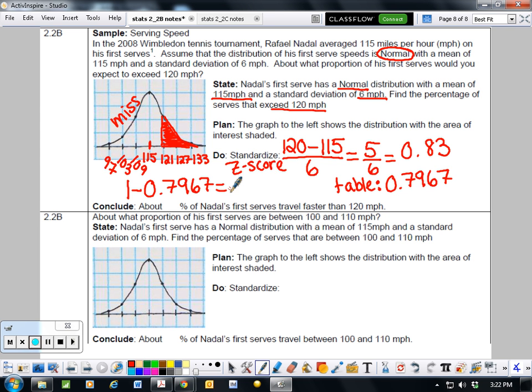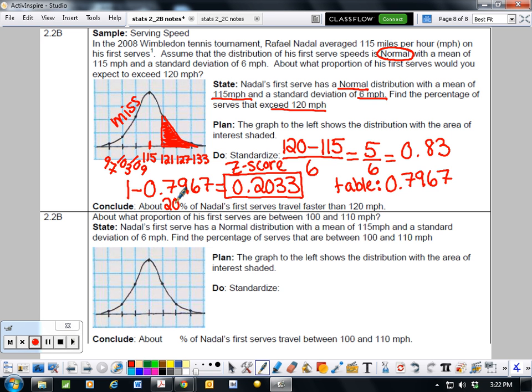So I subtract and I get 0.2033. What made me notice I did something wrong? I looked back at that graph and I was like, whoa, 80% of my graph is not shaded. I know I did something wrong there. Then I looked back and I was like, oh, shaded above. So now we can say about 20% of Nadal's first serves travel faster than 120 miles per hour.